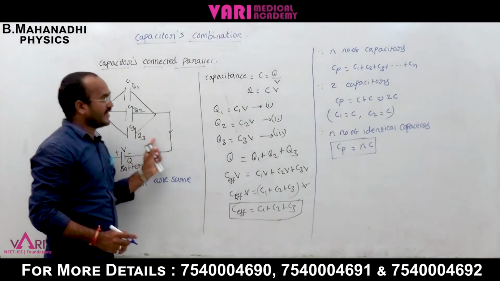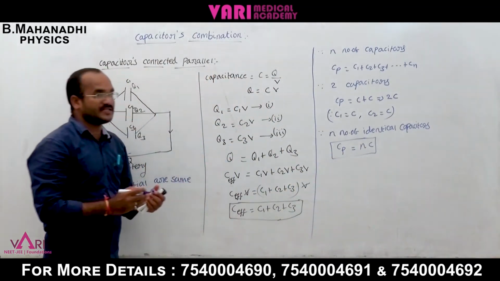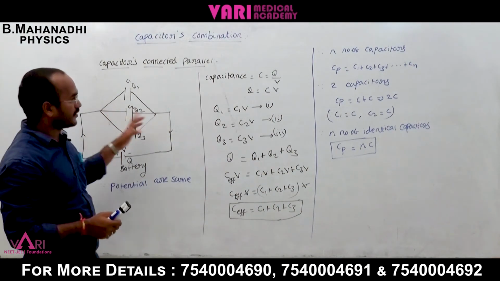Cp is equal to n into C. When the capacitors are identical, Cp equal to nC. This is the explanation of capacitors connected in the parallel combination.